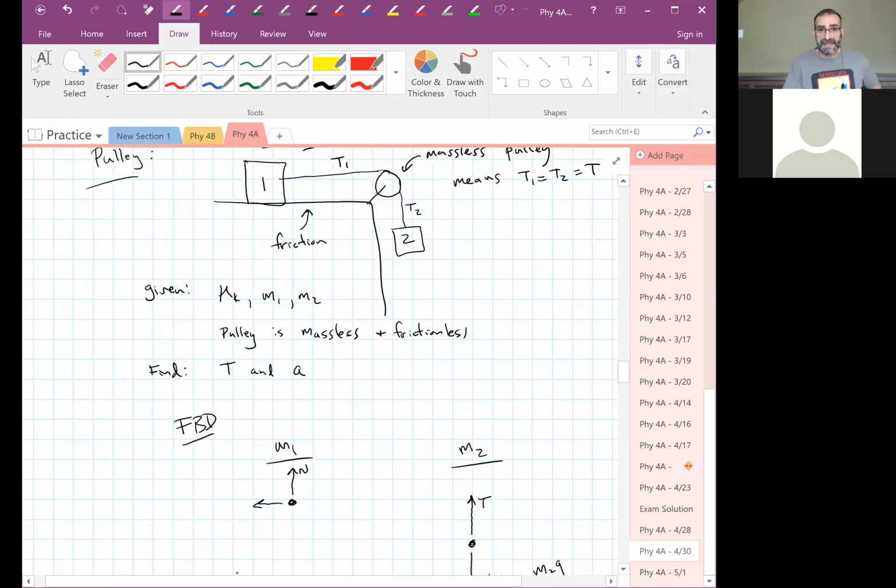To the left, because the box is sliding to the right. That's kinetic friction. What else is touching it? The string is touching it. And what can reach in from a distance? Gravity, Fg1, which is m1 times g.